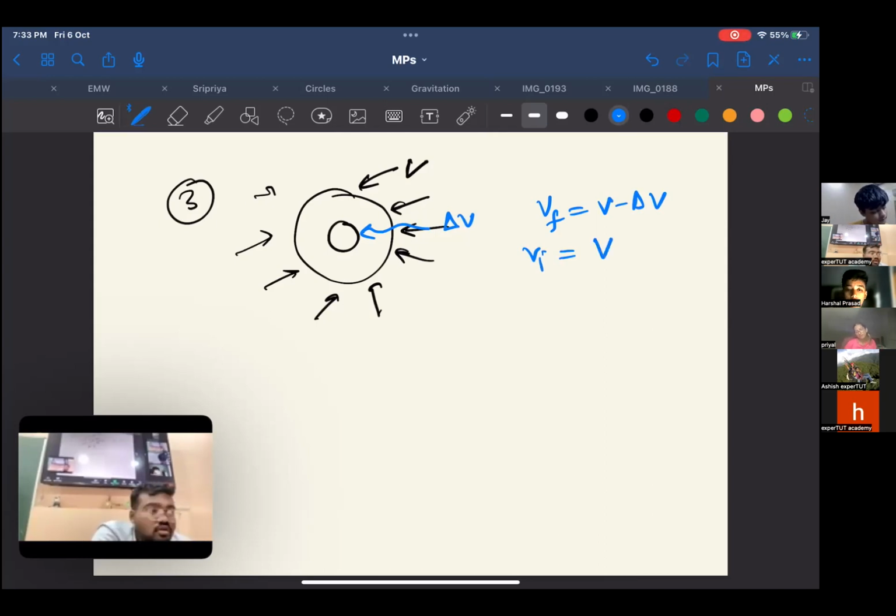V. Okay, so what is the change in volume? It is delta V, no? Is delta V positive or negative? Here delta V is negative, no? Because the volume has decreased. Fine.